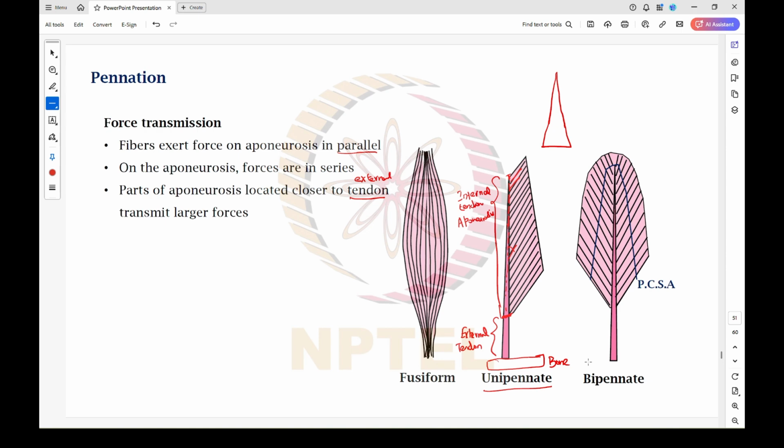So the internal tendon will collect all the forces generated by the muscle fibers and then transmit them across to the external tendon. Whereas in case of a fusiform or a parallel fiber muscle, the muscles themselves will transmit the forces to the tendon, which can then transmit the force to the bone.